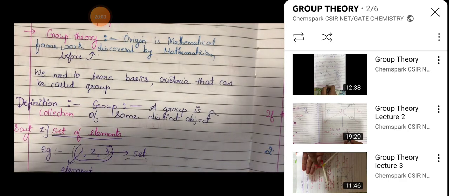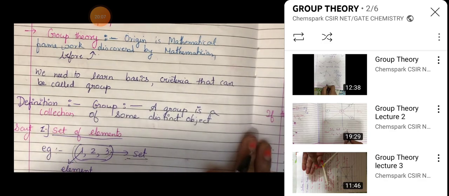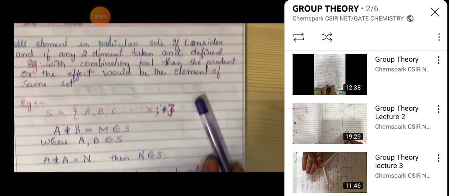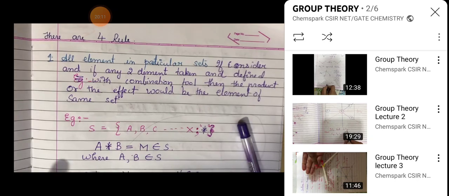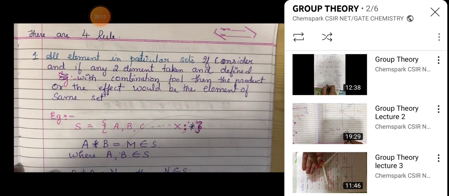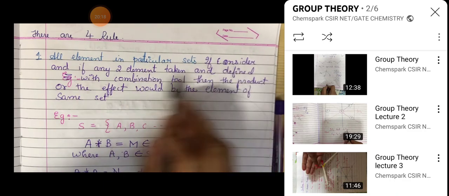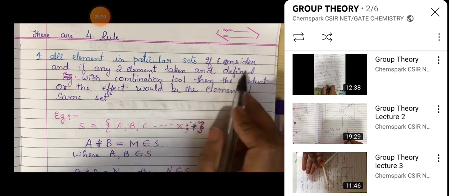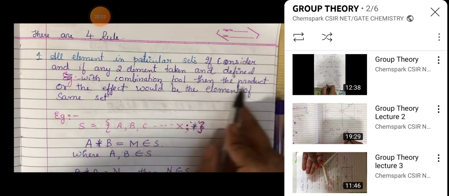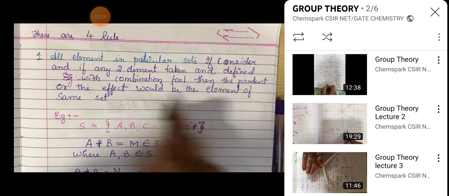Now, to form a group, there are certain rules to be followed. Basically there are 4 rules. The first rule says that for all elements in a particular set, if any 2 elements are taken and combined, then the product would be an element of the same set.